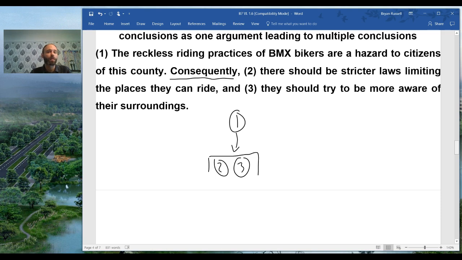So the reckless riding practices of BMX bikers are hazardous to citizens of this county. That leads us to believe, or led this person to believe, that there should be stricter laws limiting the places they can ride, and they should try to be more aware of their surroundings. So that's how we'll do multiple conclusions.